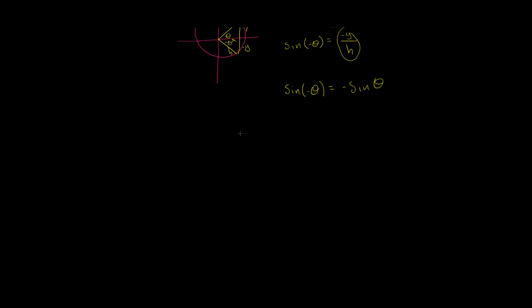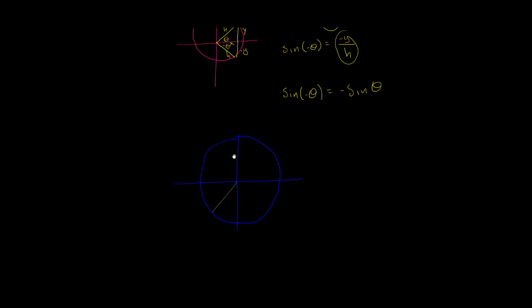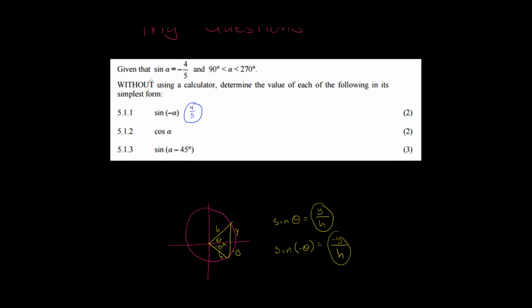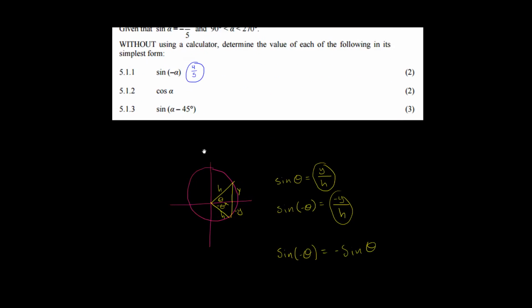So we're told that our angle is between 90 and 270 degrees. So if this is my unit circle right here, then my angle, let's say, is going to be somewhere right here. And we're told that our sine is negative 4/5.